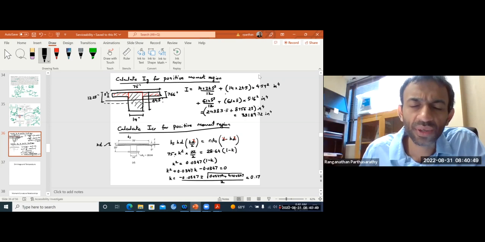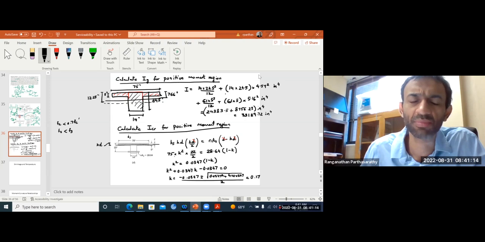For the cracked section, everything is still linear elastic, right? We are assuming that concrete is still below around 0.7 f'c for service loads, and your steel is also below fy. So fs is below fy and fc is below 0.7 f'c.